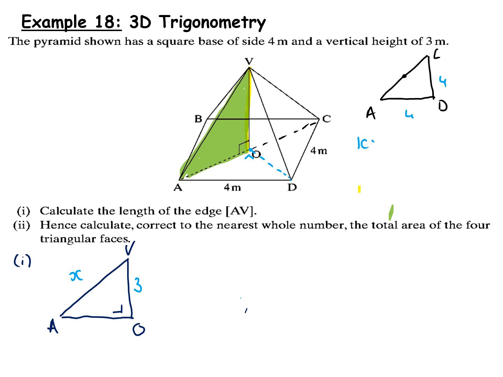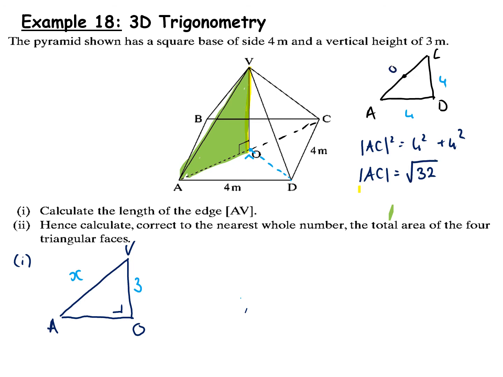So AC squared is equal to 4 squared plus 4 squared. Just using Pythagoras, AC is the square root of 16 plus 16, square root of 32.